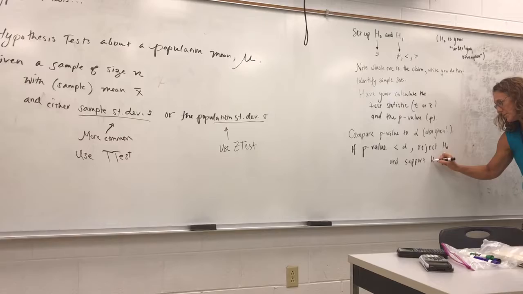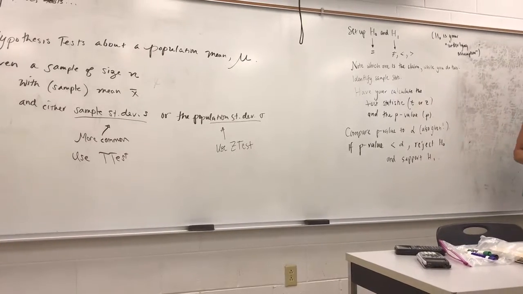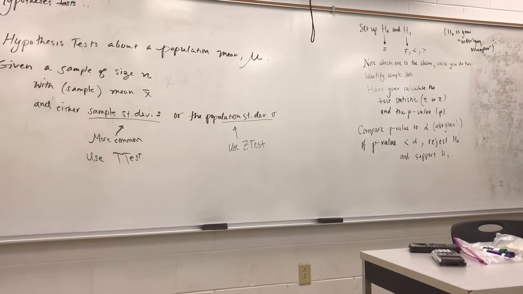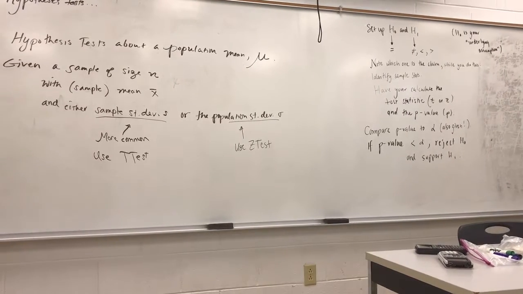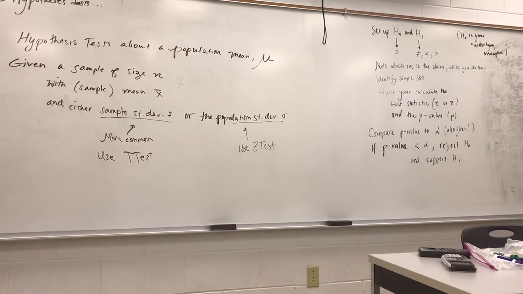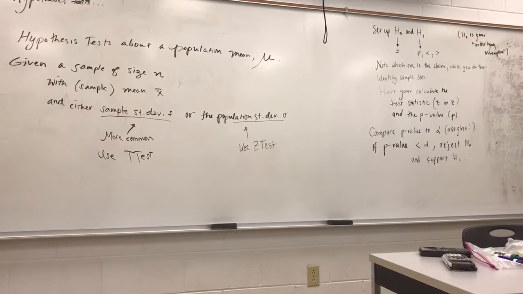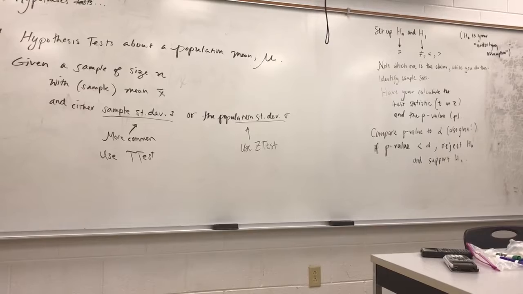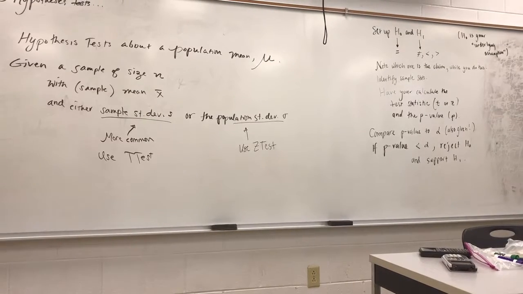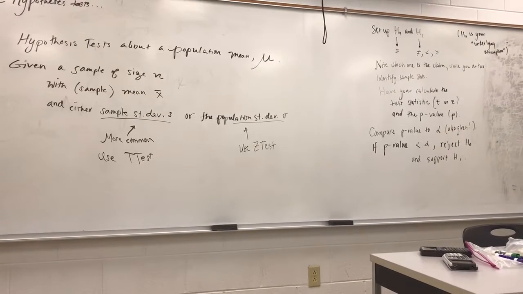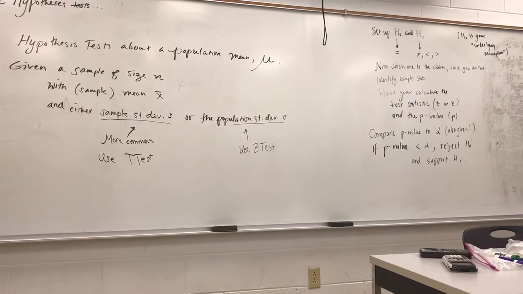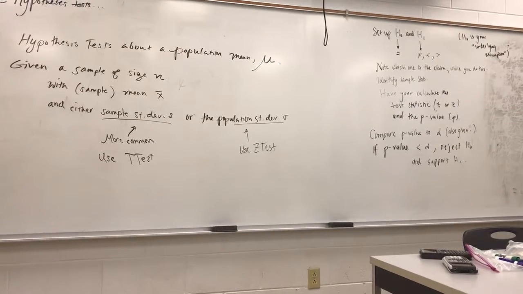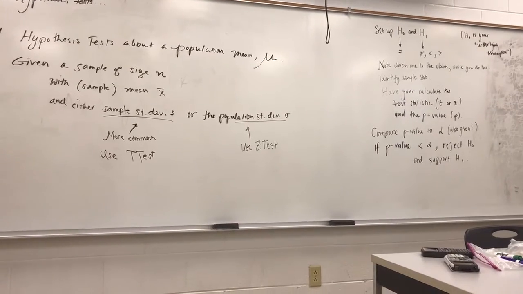H1, the alternate hypothesis. Of course, if the p-value is not less than alpha, which was the case in I think every single test we did last time, if the p-value is greater than alpha, then you fail to reject the null hypothesis. Basically, it's not extreme enough. That could happen. We don't really know.